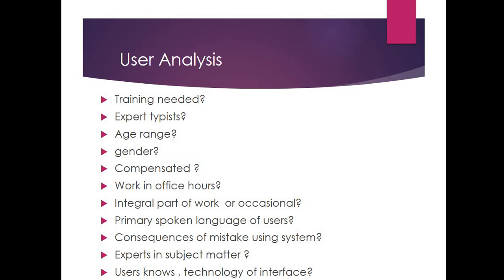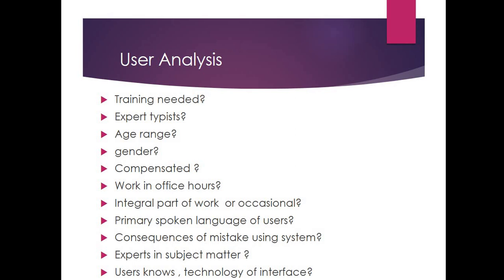Next we are going to discuss user analysis. Here there are many factors we need to identify. First, we need to check whether the user needs training or not. The users, meaning the people who are going to use the interface of the software, whether they have the training or not.